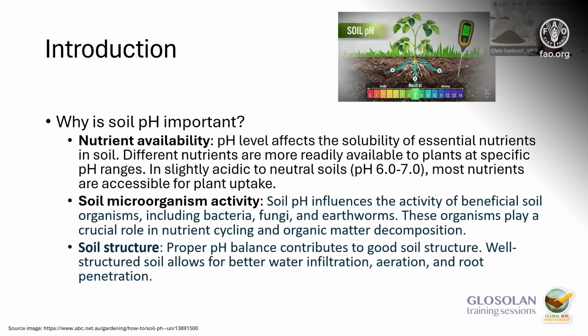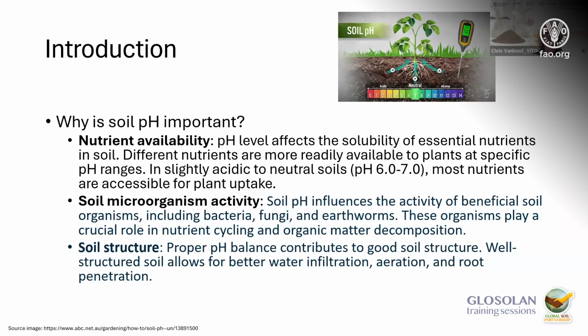Why is the soil pH so important? It gives you an idea also about the health, the conditions of your soil. First of all, it has an impact on your nutrient availability, as the pH level affects the solubility of essential nutrients in soil. So different nutrients are more readily available to plants at specific pH ranges.